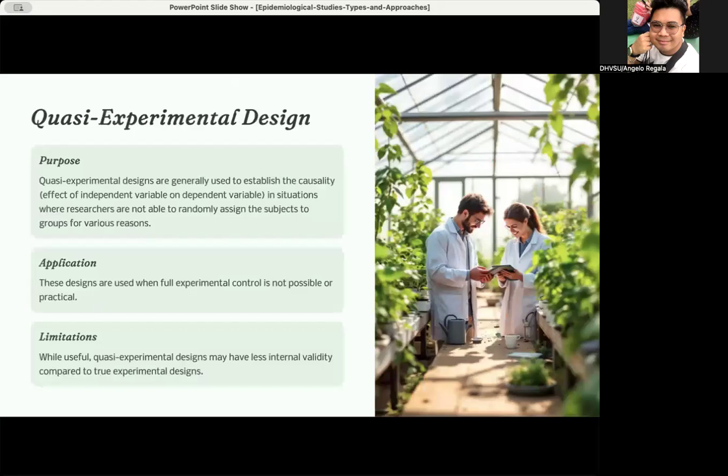The next two are under experimental or randomized trials. Randomized trials or experimental studies are also known as interventional studies. It means that you manipulate who will be receiving the treatment or intervention, and you have a control group that will not be exposed to the treatment or intervention.